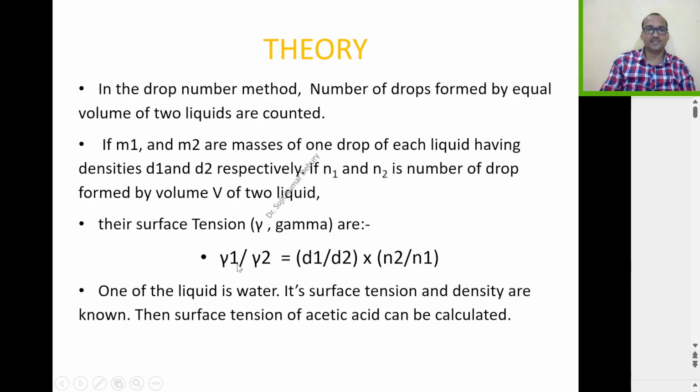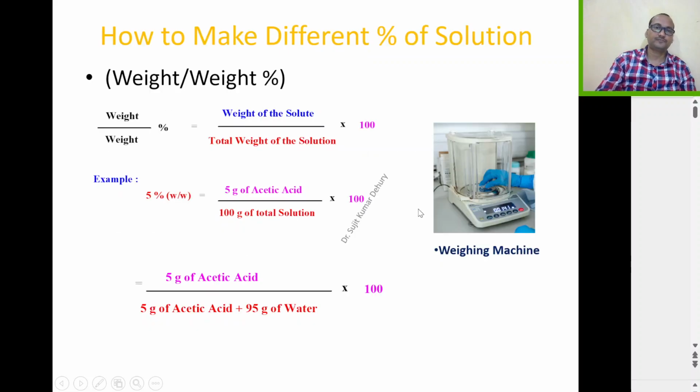This equation tells how surface tension is related to number of drops of each liquid and density of the two liquids. If one liquid is water, its surface tension and density are already known. So the surface tension of the unknown acetic acid solution can be calculated by using this equation. So this is a very simple experiment.